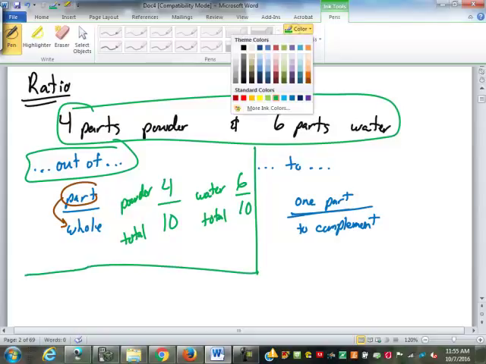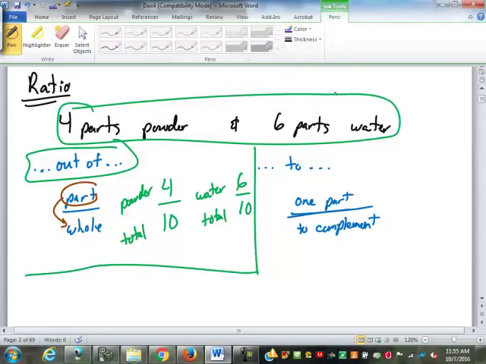On the other side of things, I could have my ratio of, I'm going to put it down here so I got more room. Powder to water, which would be 4 to 6, right? 4 parts of powder to 6 parts water. Or I could have water to powder, which would be 6 to 4.